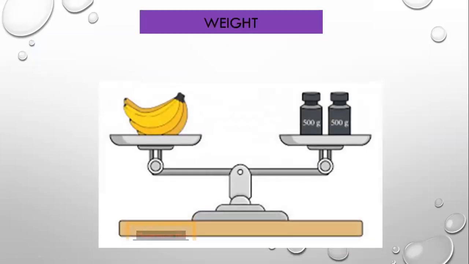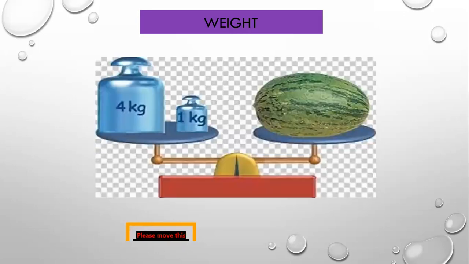Okay, boys, you can understand this picture. On the standard scale, there are bananas and their weight is 500 and 500 grams, means 1000 grams. So moving on, next, how many kilograms is the watermelon?